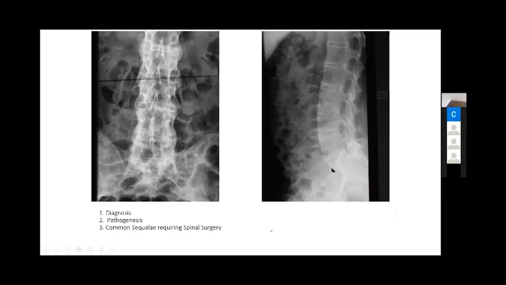Yes, sir. So why does that happen? We usually see osteophytes in other osteoarthritic conditions, but this is not like that. Why is that? What is the pathogenesis? What happens? Why do they get a bamboo spine?